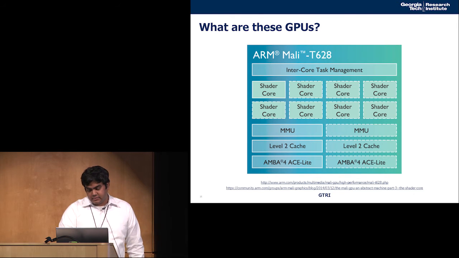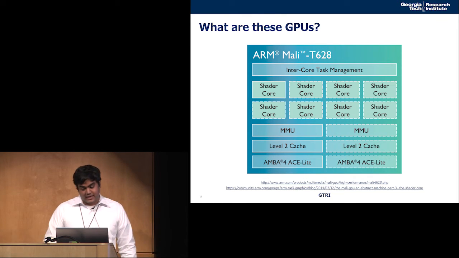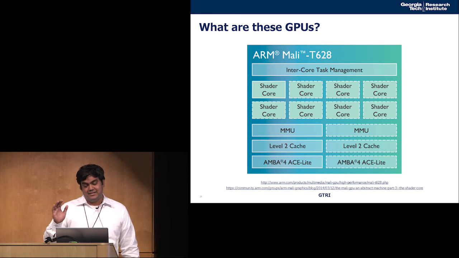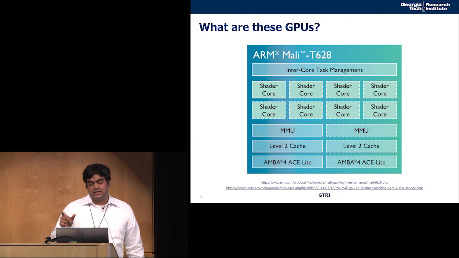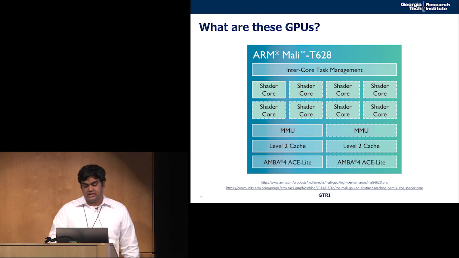According to ARM, each shader core has between 2 and 4 arithmetic pipelines. What's an arithmetic pipeline? Does anybody know what's inside an arithmetic pipeline? I sure don't. They publish that each pipeline contains X number of ALUs, but they don't tell you what X is. But they do tell you that each ALU works on 128-bit wide registers. So it's your typical way of accessing it.